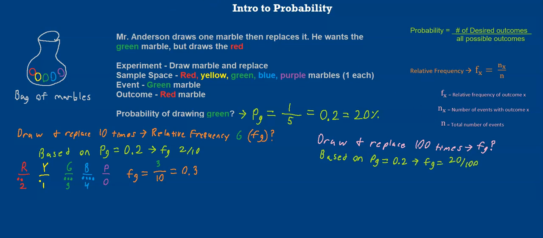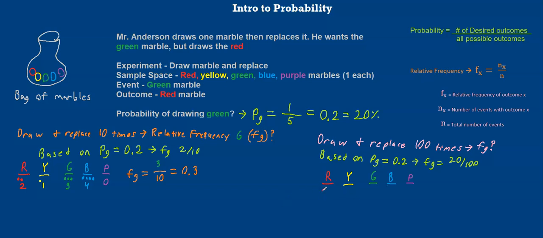Let's compare that to our hypothetical table. Let me just copy and paste this real quick. And don't worry, I'm not going to perform this experiment hypothetically 100 times. But what numbers might you expect to see? Well, in all honesty, you should expect to see around 20 for each number.